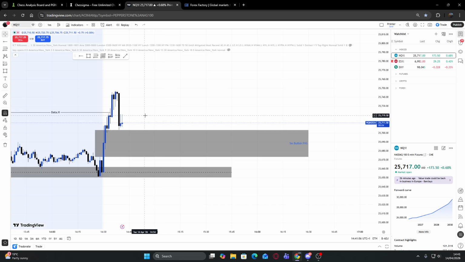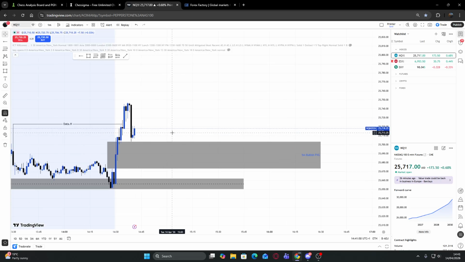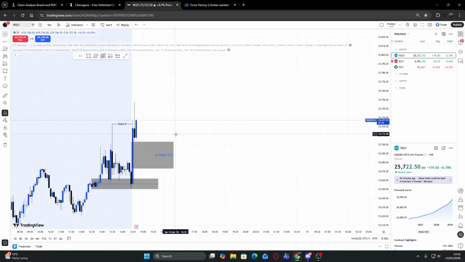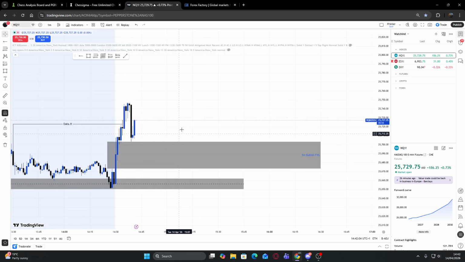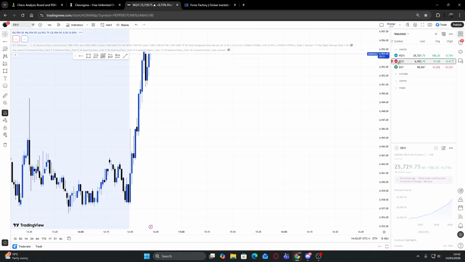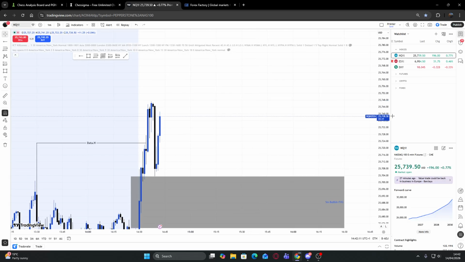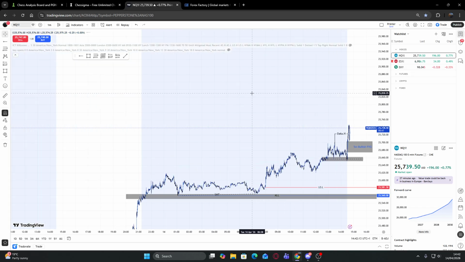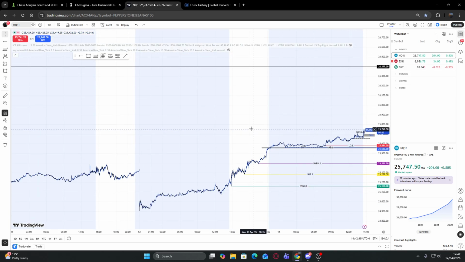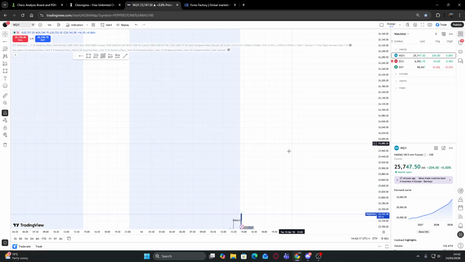Okay, we have a 1 minute. In fact, I might even take the long here, as we're leaving. I don't really know what to target. We'll look at targets in a second.